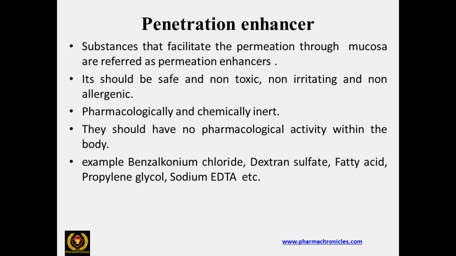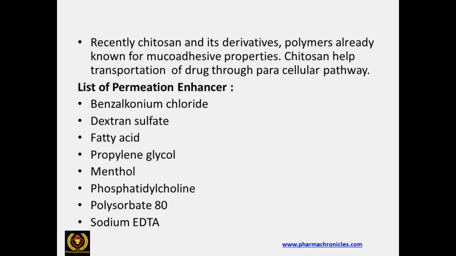Examples: benzalkonium chloride, dextrin sulfate, fatty acid, propylene glycol, sodium EDTA, etc. Recently, chitosan and its derivatives, polymers already known for mucoadhesive properties, help transportation of drug through the paracellular pathway. List of permeation enhancers: benzalkonium chloride, dextrin sulfate, fatty acid, propylene glycol, menthol, phosphatidylcholine, polysorbate 80, sodium EDTA.